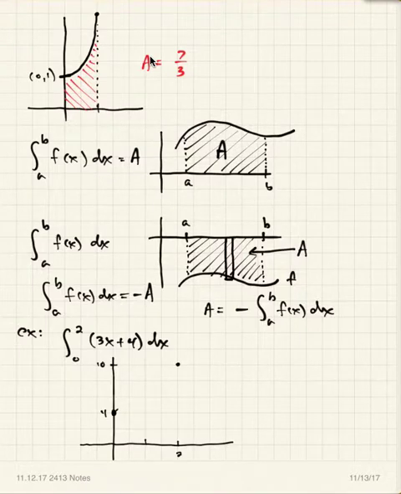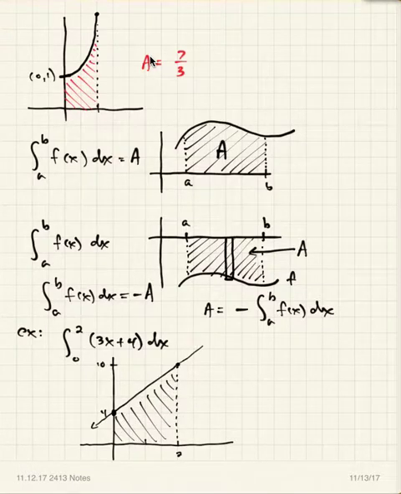The graph's a line, right? The line continues on in both directions like this. But for the purposes of this problem, we are looking at the area of this region like so. But what's the deal here is this is a trapezoid. So the region is a trapezoid.